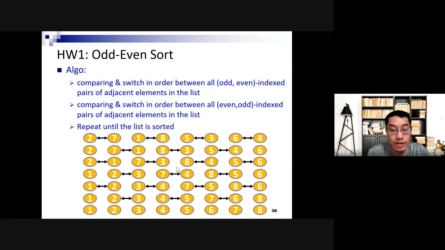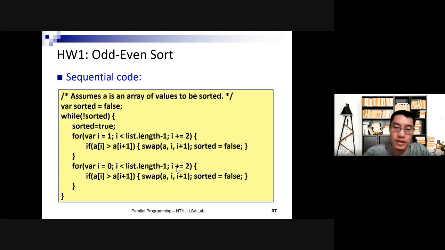And the operation is very simple, so it's very easy to implement without too much unnecessary communication. So it's a parallel sorting algorithm that can be implemented efficiently. Also, because the communication pattern is simple, I think this is a very good example for you to start your MPI programming.